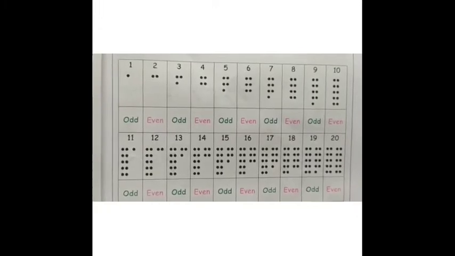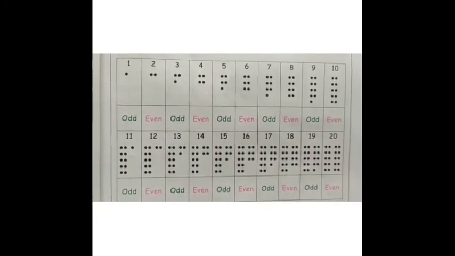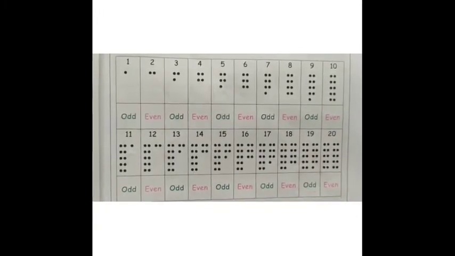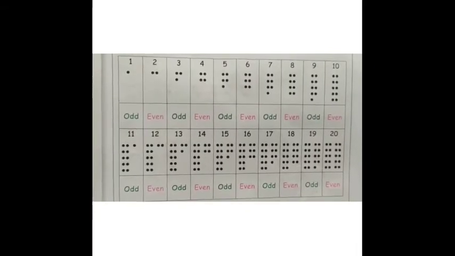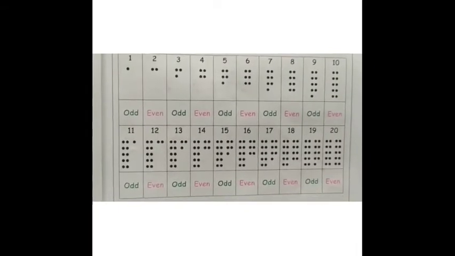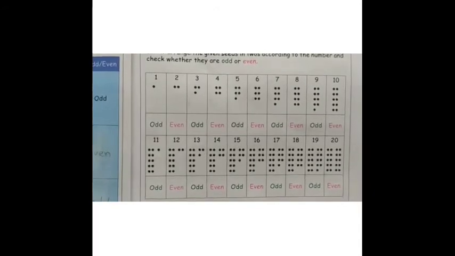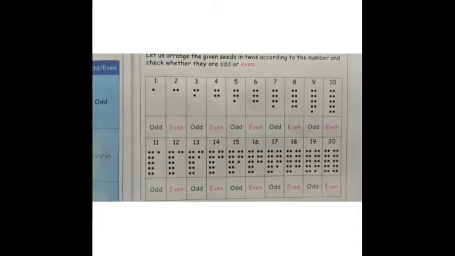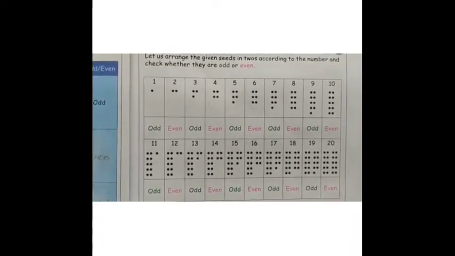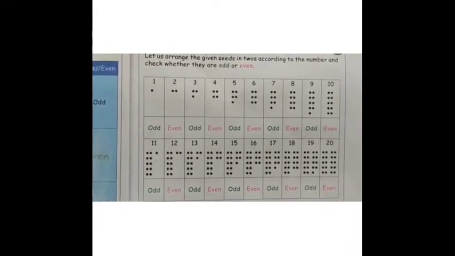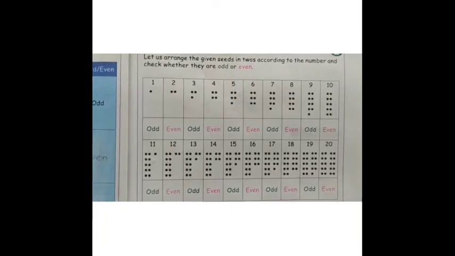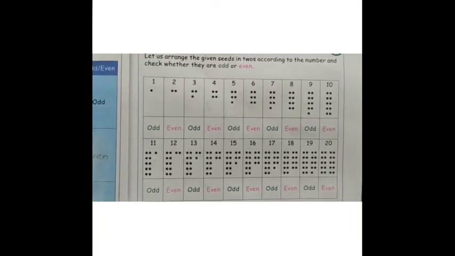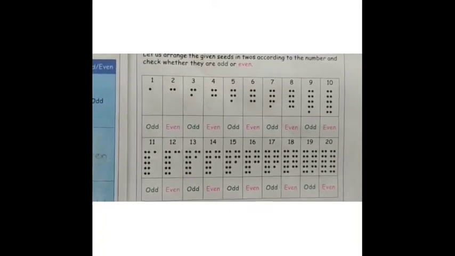After arranging into pairs, we have to find out whether it is odd or even number. Children, remember, if the seeds are in pairs, then it is an even number. If the pairs of seeds is not complete, it is an odd number.